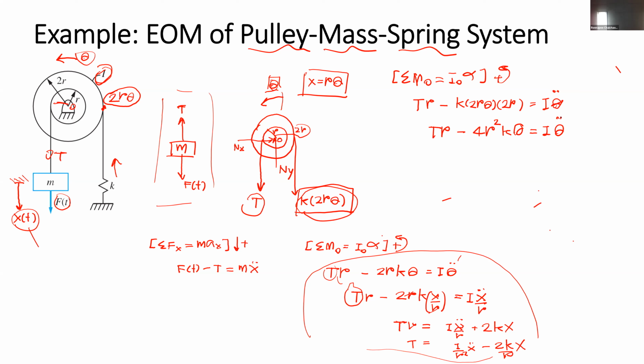So if we want to find only the tension, we can write the tension in terms of I theta dot dot plus 4r squared k theta, all divided by r. Does that make sense? You move this to the right hand side and you divide the equation by r. So this is the tension in the cable.